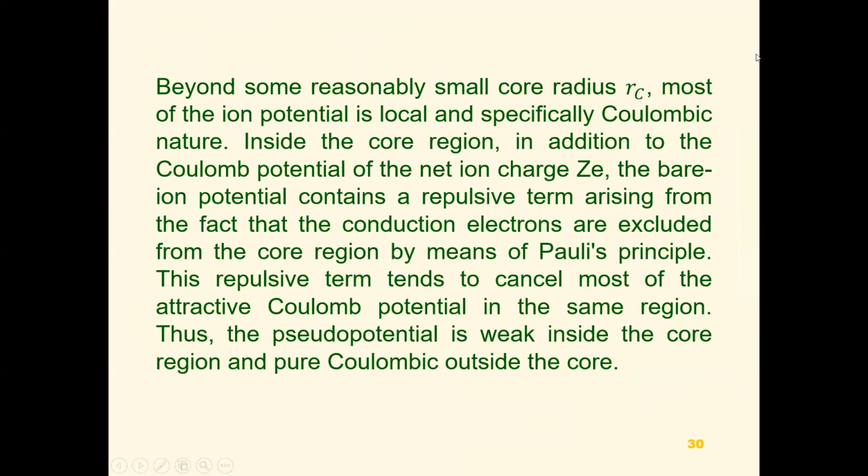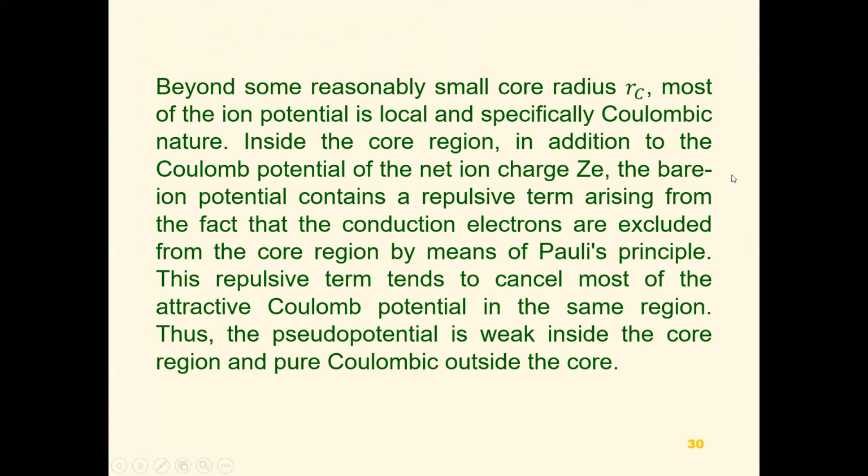So beyond some reasonably small core radius RC, most of the ion potential is local, specifically Coulombic in nature. Inside the core region, in addition to the Coulomb potential, there is the net ion charge Z.